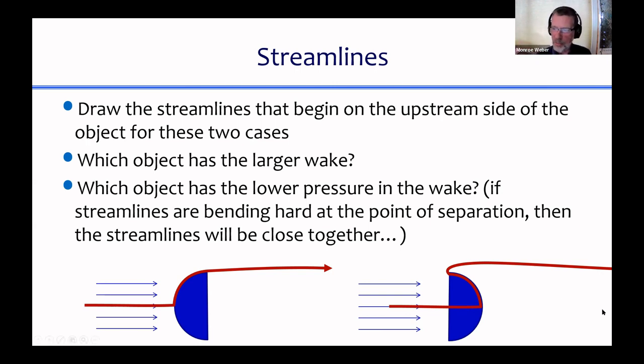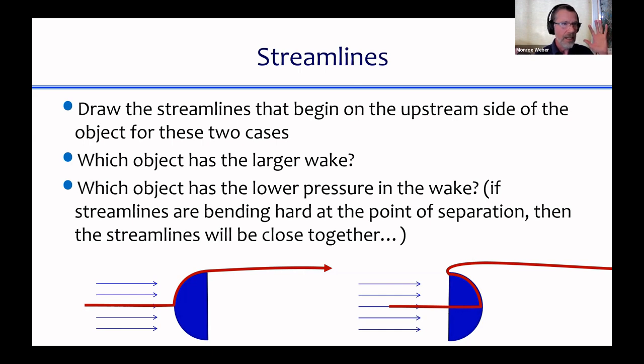And so that's what makes this extra little bend out here, and means that the streamline ends up being away from the body where it's separated. So if we look at the dimensions of the wake, which is all the fluid in between the streamlines that are separated from the body, the wake for this second hemisphere is bigger than the wake for this first hemisphere.